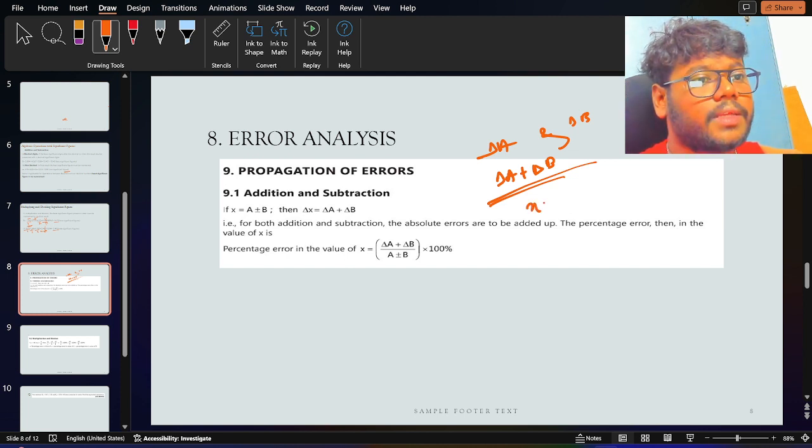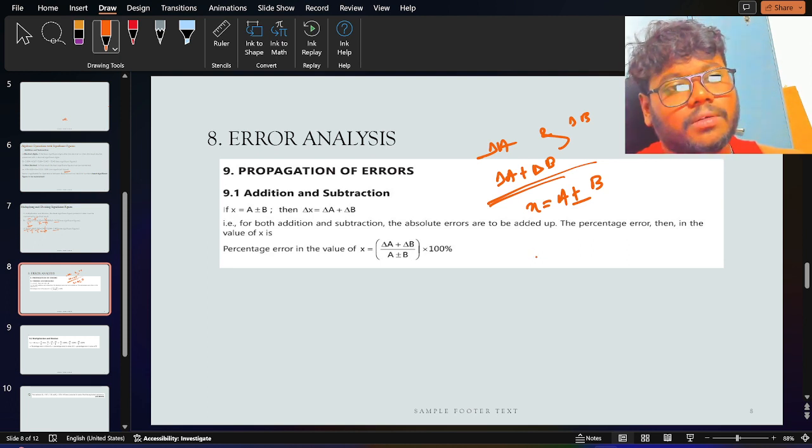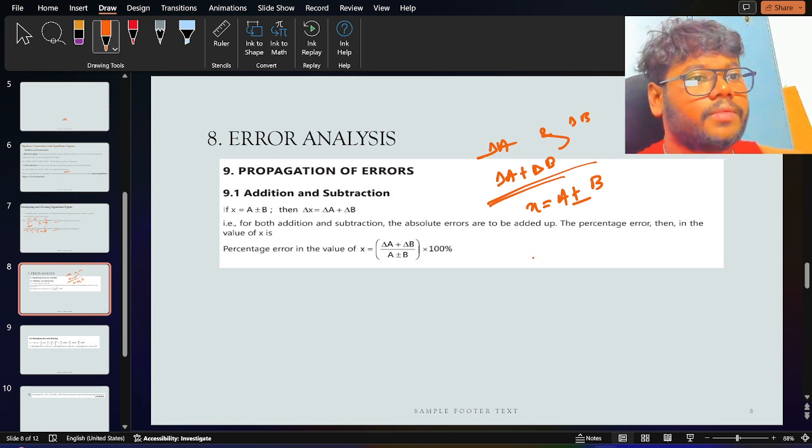Let's say x is a quantity represented as a plus or minus b. It could be a plus b or a minus b. Now what would be the net error if we have errors in A and B as delta A and delta B respectively? What would be the cumulative error?